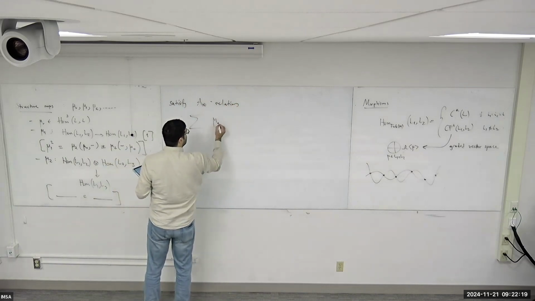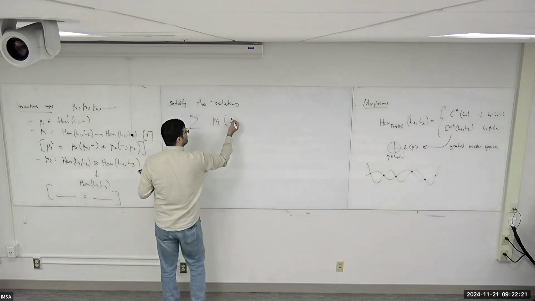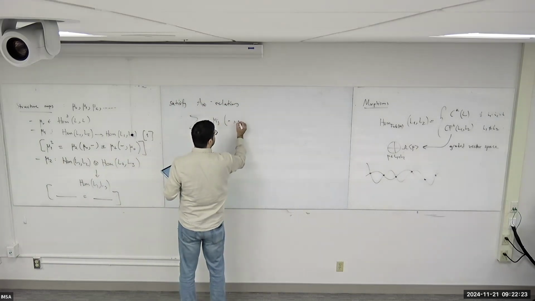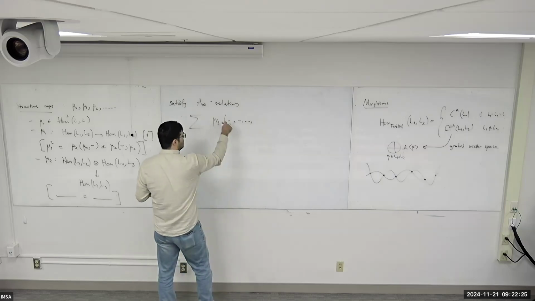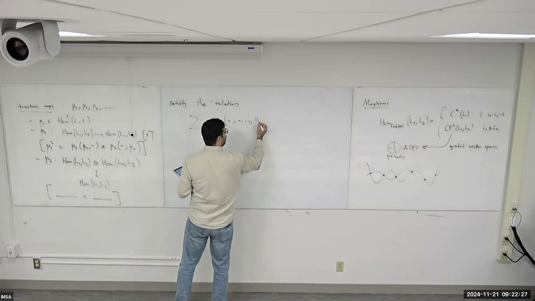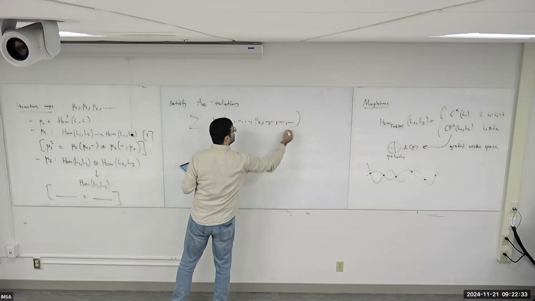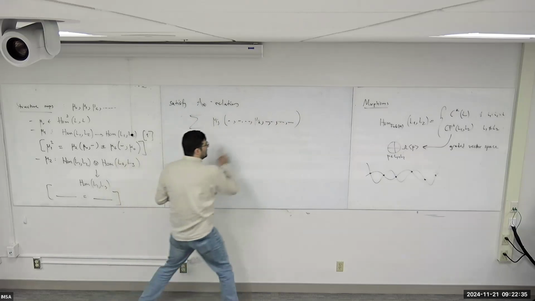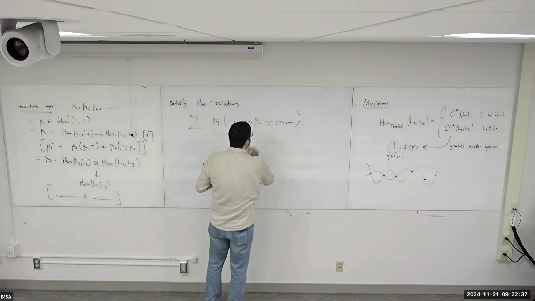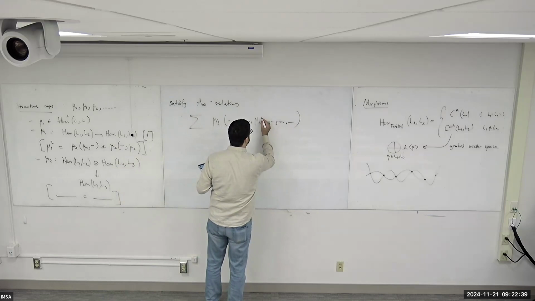So mu j, with a number of inputs that you fill, and then you have this mu k here, and again a number of slots that are empty. And this one inside has some empty slots. Let me indicate that.